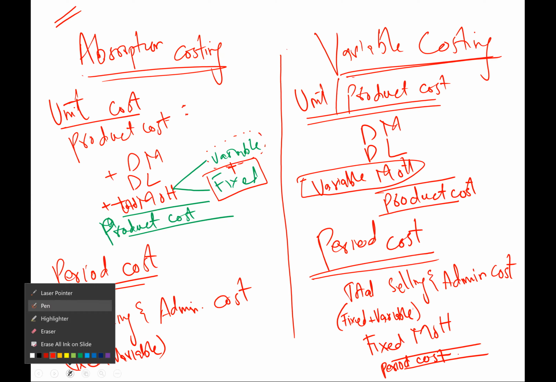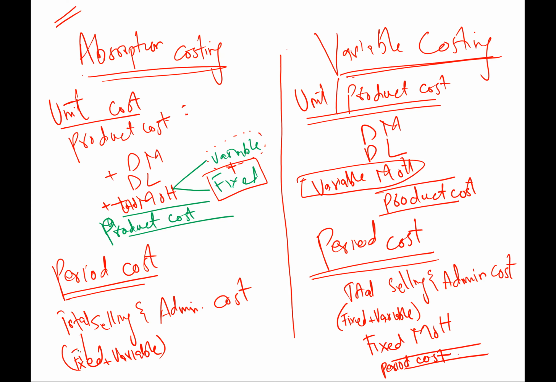Yeah. And now what we learned from here: the unit cost of absorption costing is greater than the variable costing, right? Because it includes total manufacturing overhead, fixed and variable, while variable costing includes only the variable part. So product cost under absorption is greater than product cost under variable costing, right?